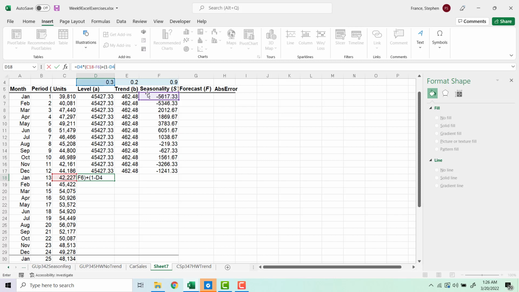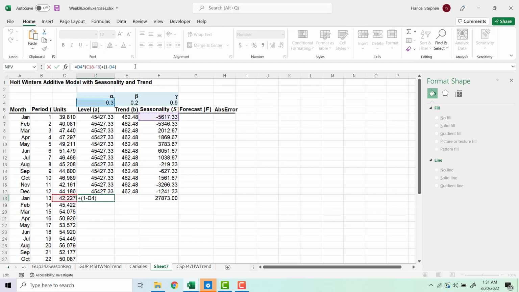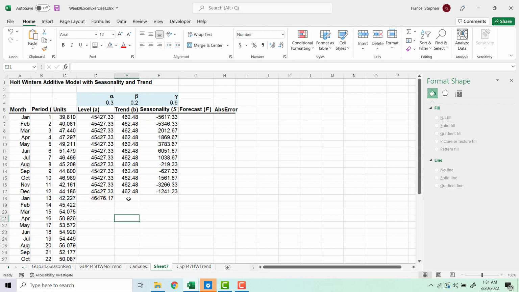Plus 1 minus alpha multiplied by the previous estimate, which is the level at time t minus 1 plus the trend. So kind of the same as last time, but this time we expect this linear trend every period, so we have to add the trend. And D4 needs to be dollarized as we're going to move it. Okay, and we didn't need to drop down that far for seasonality.